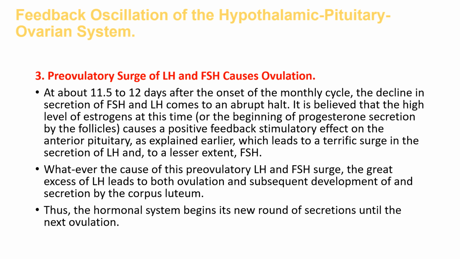Whatever the cause of this preovulatory LH and FSH surge, the great excess of LH leads to both ovulation and subsequent development of and secretion by the corpus luteum. Thus, the hormonal system begins its new round of secretions until the next ovulation.